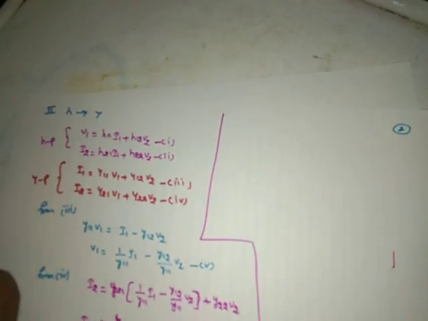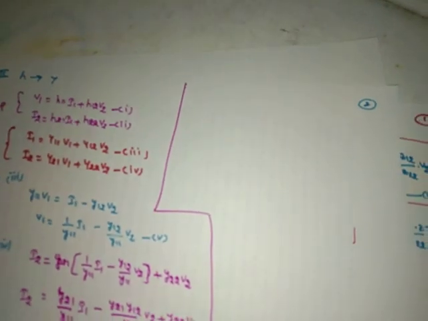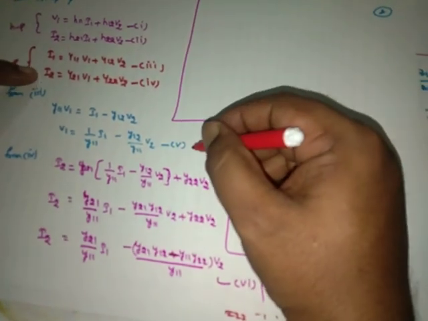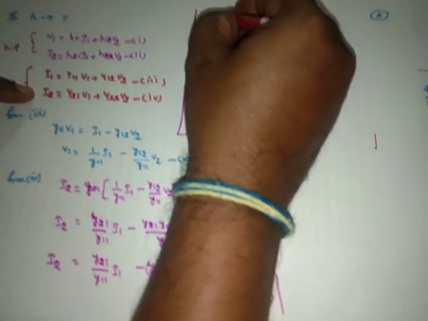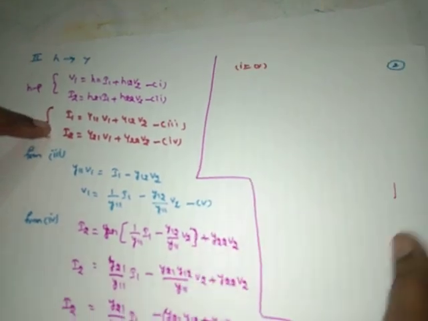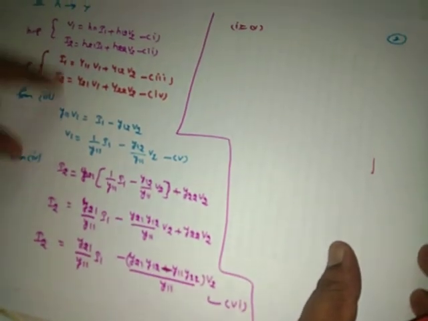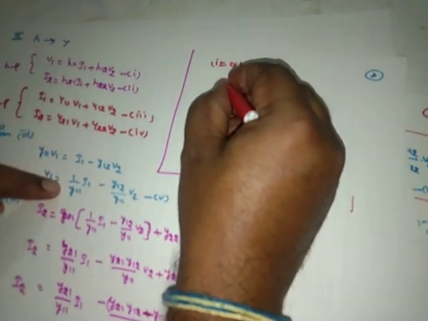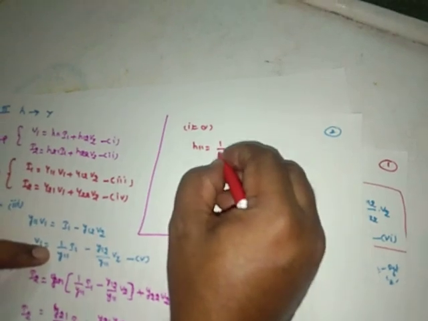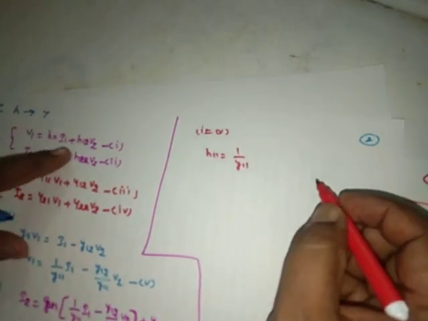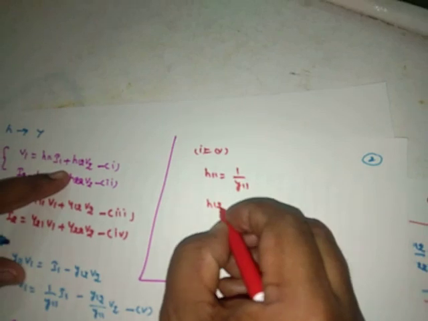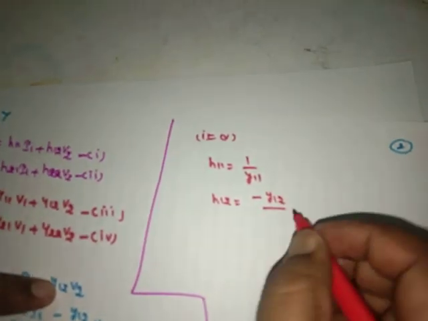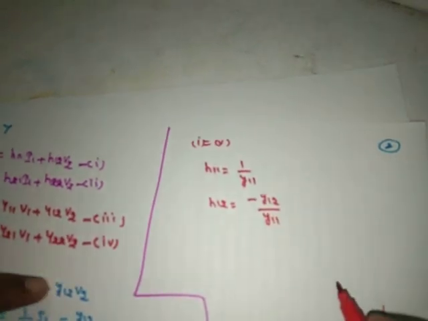Now again here compare, already completed here, fifth one and sixth one. Now compare. First 1 is equal to 5. So here v1, here v1. Now h11 is equal to 1 by y11. h12 is equal to minus y12 by y11.